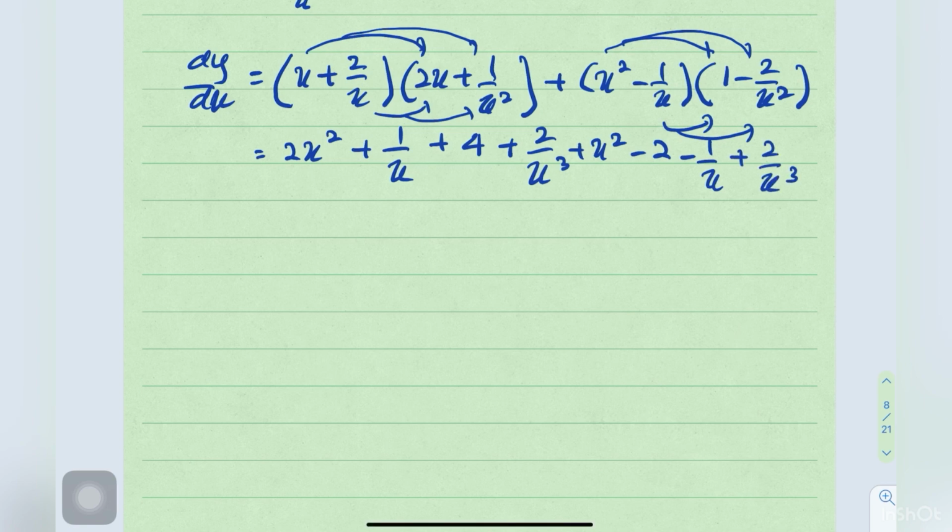Okay, so then we simplify. We get here 2x squared plus x squared is 3x squared. The 1 over x, we can cancel off. 4 minus 2 is 2. 2 over x cubed plus 2 over x cubed is 4 over x cubed. Okay, so this is the final answer.